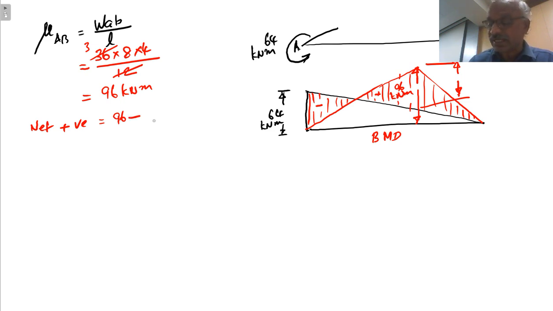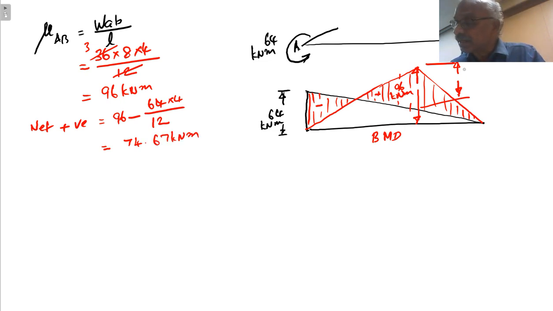That is 96 minus this value, and the calculation gives 74.67 kilonewton meter. So this is the bending moment diagram.